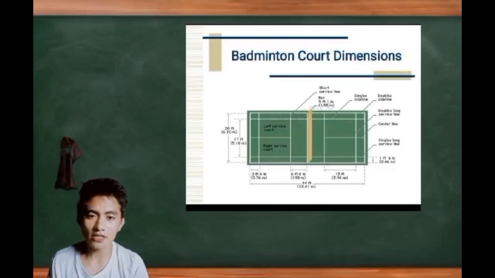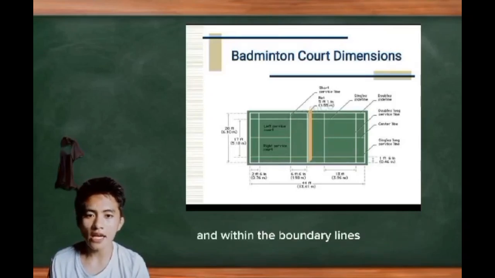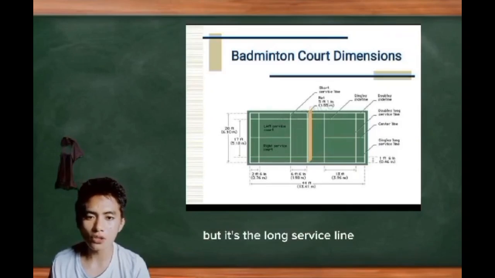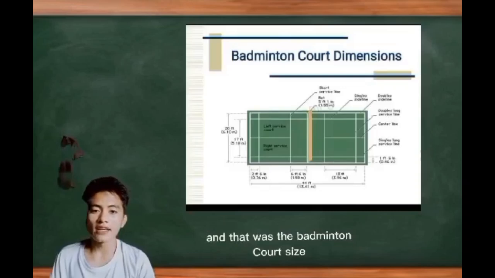In singles, the service needs to be beyond the short service line and within the boundary lines, while in the doubles game, the service should be beyond the short service line, but it's the long service line that acts as the marker on the back court. And that was the badminton court size.